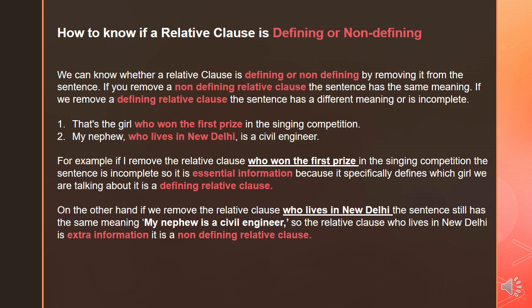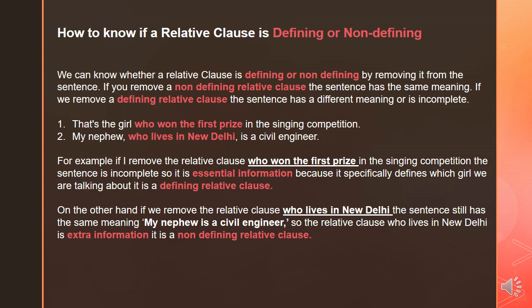Next sentence. On the other hand, if we remove the relative clause, again, who lives in New Delhi, which I have underlined for you, from the second example, then there will be no difference in the meaning. The meaning will be the same and the sentence will also be the same because it's extra information.